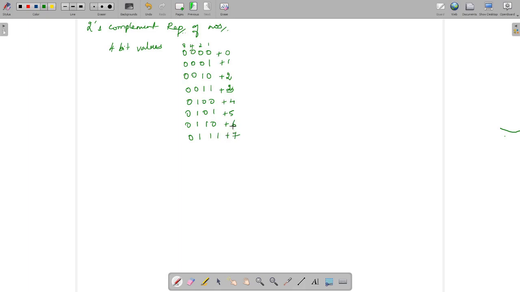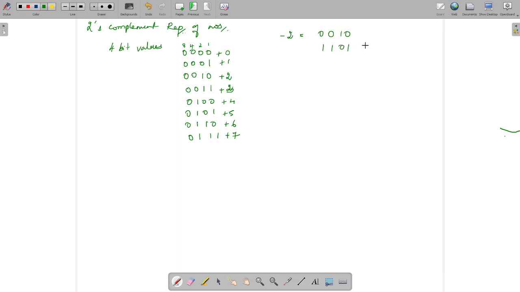Now we said that we are going to represent the negative numbers in the 2's complement method. So here if I take minus 2, then to represent this 2 as a negative value, I take the binary equivalent of 2, which is 0 0 1 0, and find the complement of it.